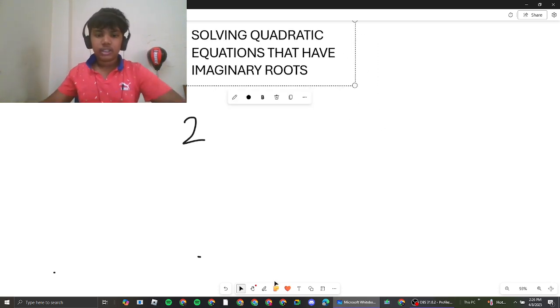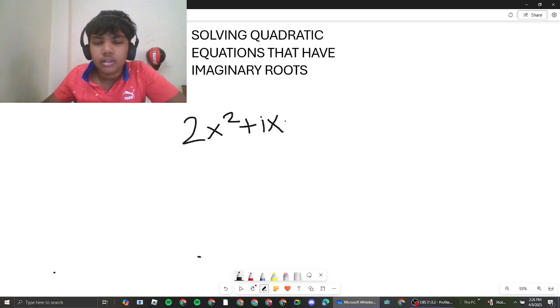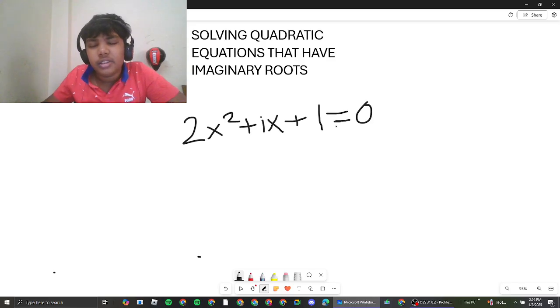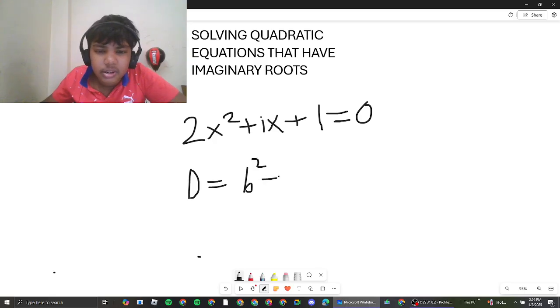Okay. So suppose you have something like 2x squared plus ix plus, let's say this is 1. And look, how do you know if it's 0? The discriminant. The discriminant is equal to b squared minus 4ac.